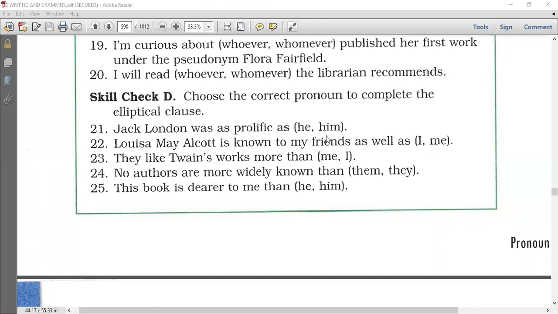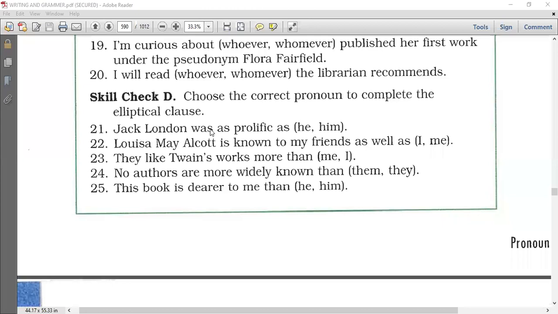She says the answer is him. Do you agree with her? Yes. Yeah, you agree, Kiara? Right. Who disagrees with Jana? Who thinks that the answer is he? Nobody? So you all agree with her.